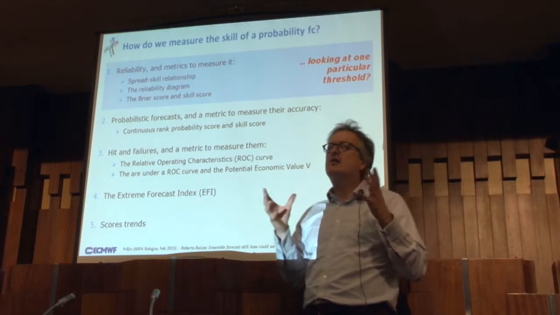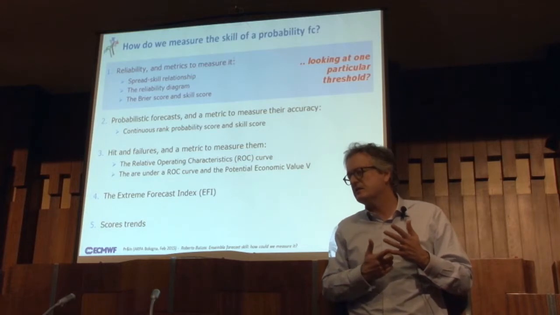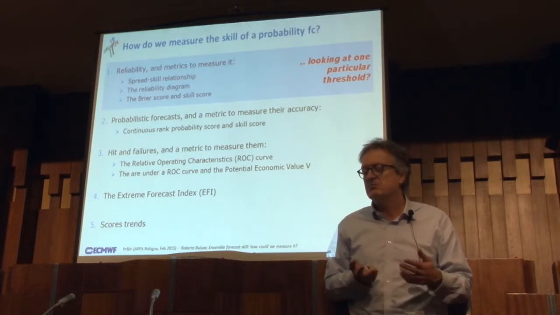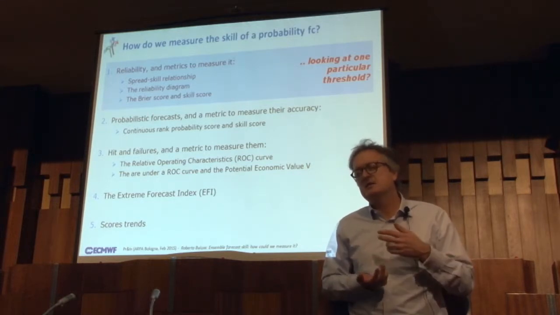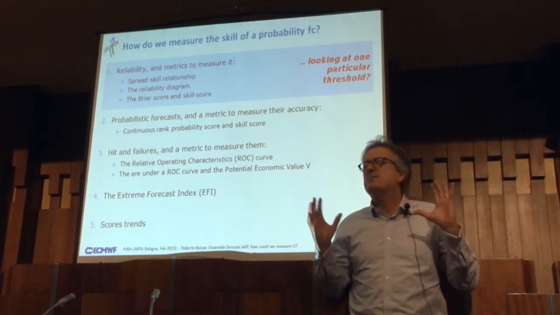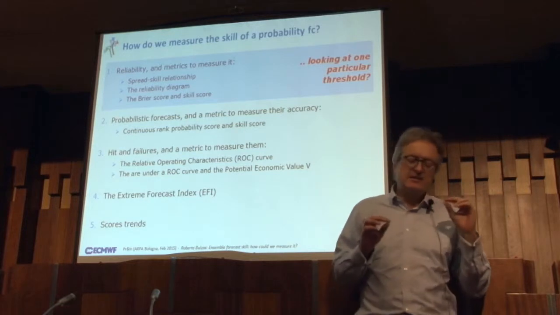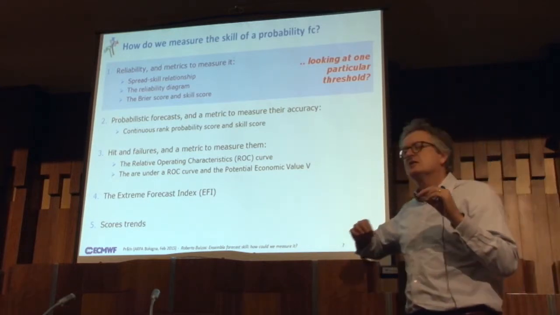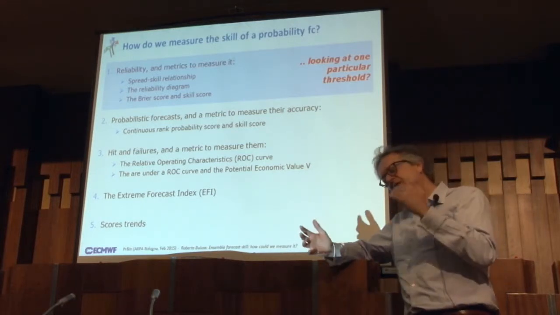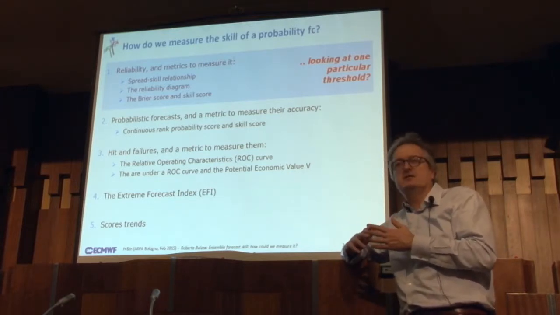But there are a lot of metrics which are used: Brier score, area under the relative operating characteristic, hit and false alarm rates, continuous ranked probability skill score, ignorance skill score, score and skill score. Depending on the use, one might be more appropriate than another. It's rare that one metric would tell you that the system is good and another that it's bad. But depending on the score, you might, for example, rank systems differently, okay?